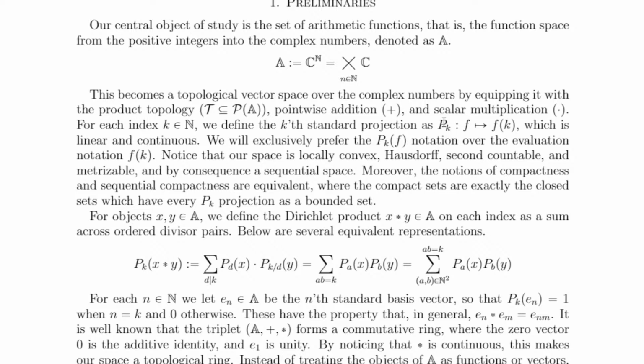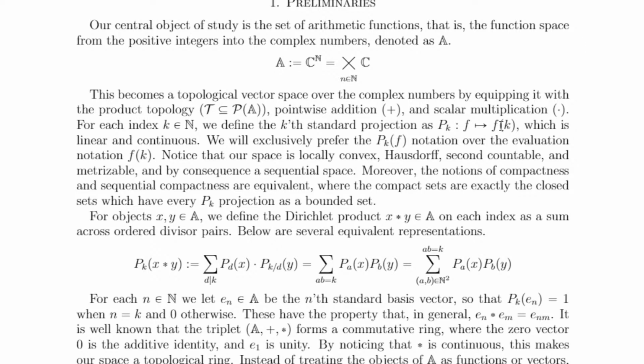This p sub k would be the kth projection. When we apply that function to f, which is one of our vectors in our arithmetic function space, we get the kth component of that function. This mapping is linear because it's a projection. It's continuous also because it's a projection. So it's linear and continuous.